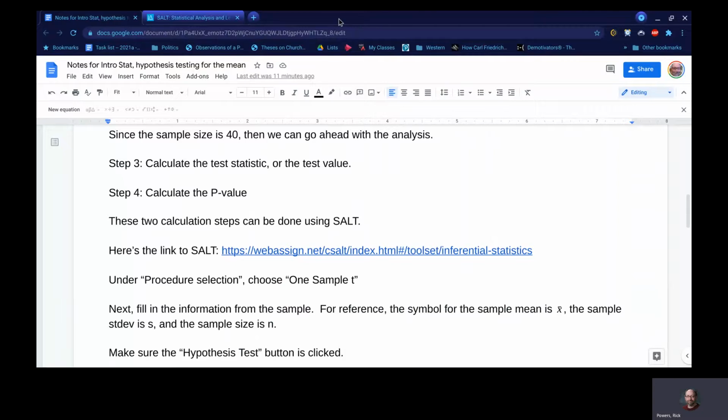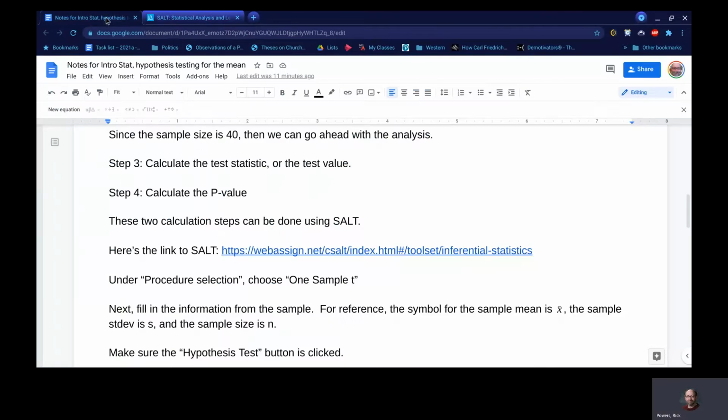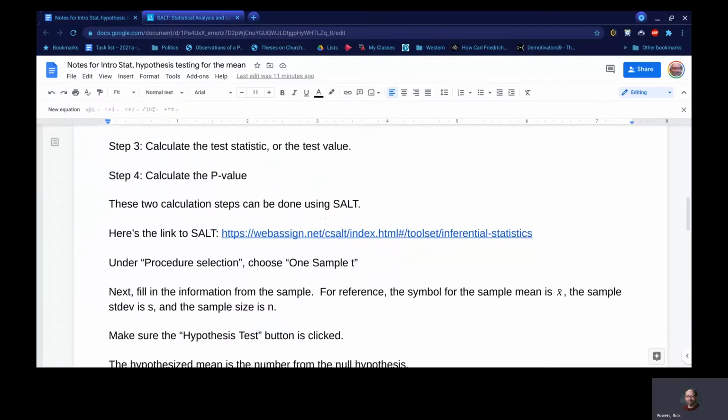Under procedure selection, choose one sample T. Inferential statistics, one sample T. Next, fill in the information from the sample.